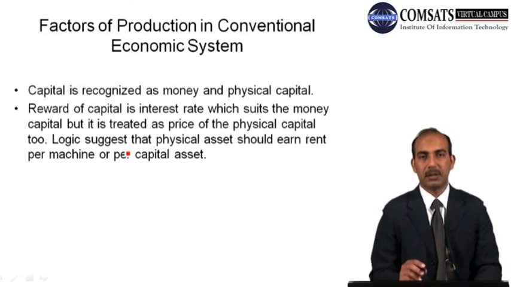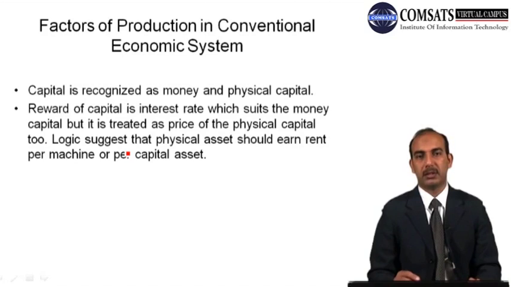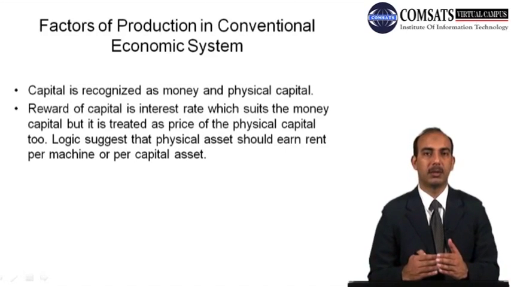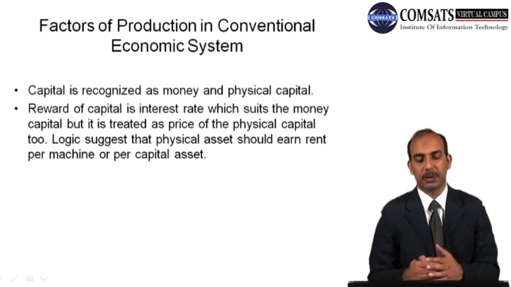The capital resources earn interest as we saw in our previous slides, but the reward of capital, as we discussed, is interest rate for the monetary resources, whereas for the physical resources the reward is rent. So this is a confusion, and the conventional economic theory does not describe it properly.